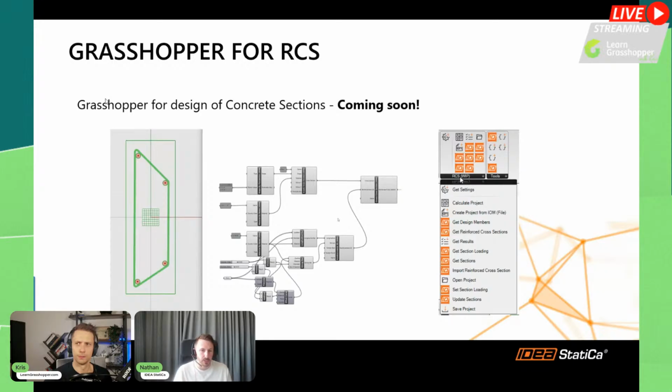That would allow you to import very complex reinforced cross sections and do a similar thing to what you can do with the connection API: transfer that into an RCS file, run the calculation, perform modifications, and do some automations on reinforced concrete sections. So not available at the moment, but it's coming soon.